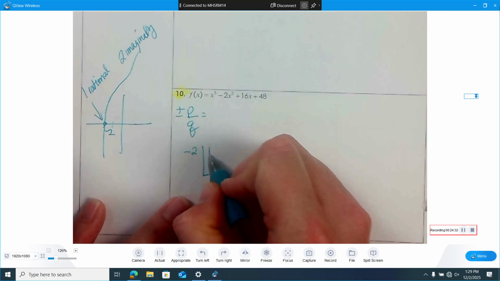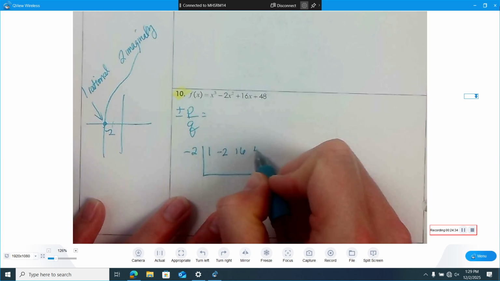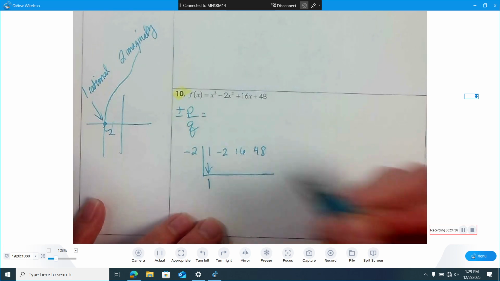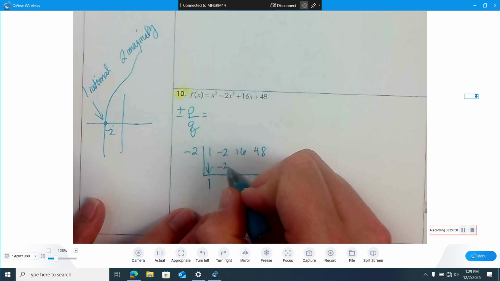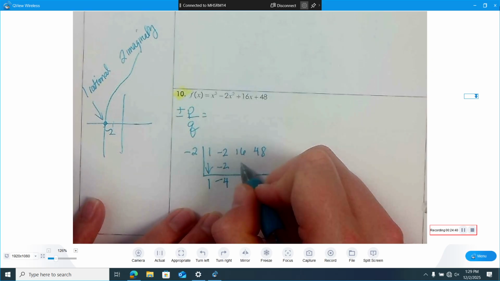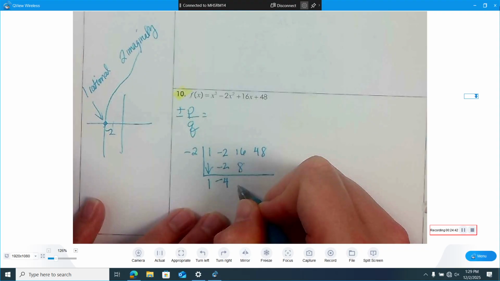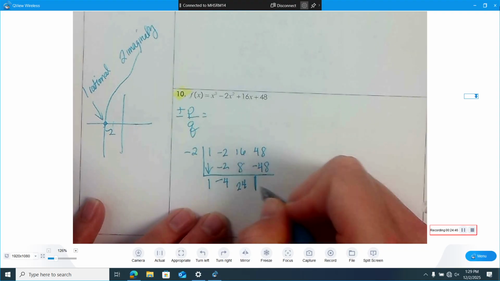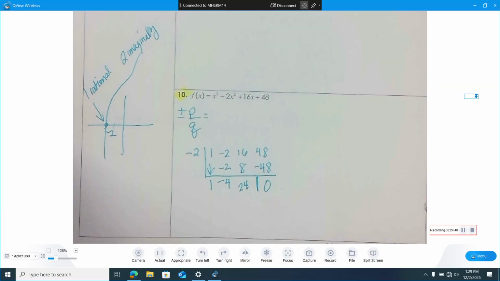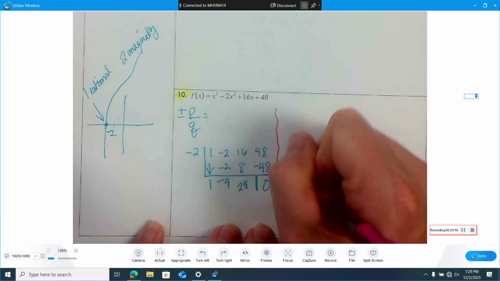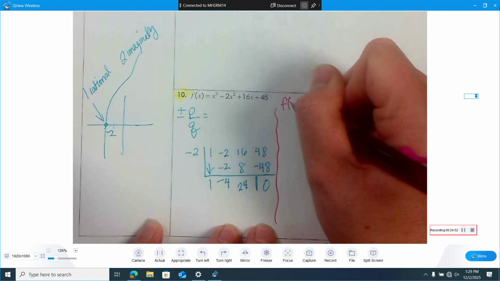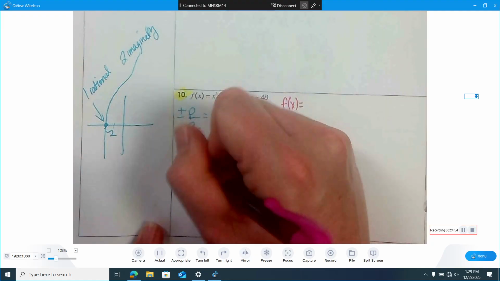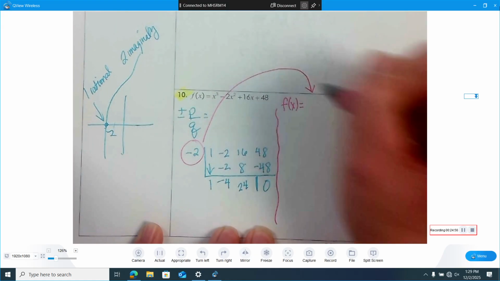All right, so we got a 1, a negative 2, a 16, a 48, and I'm going to do my synthetic division. All right. So I can rewrite my function as if the zero is x equals -2.